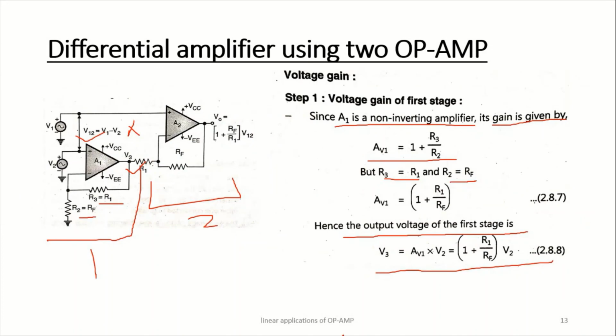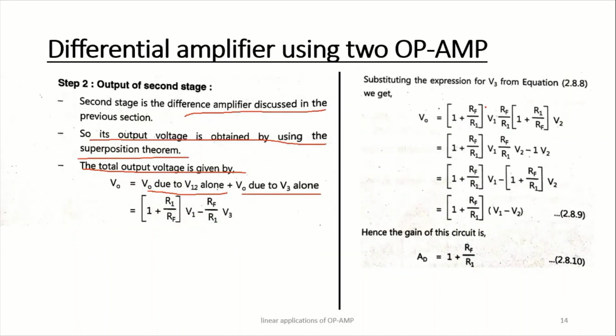Now substituting the value of V3 into this equation, we can write V0 is equal to 1 plus RF by R1 into V1 minus RF upon R1 into 1 plus R1 by RF into V2.